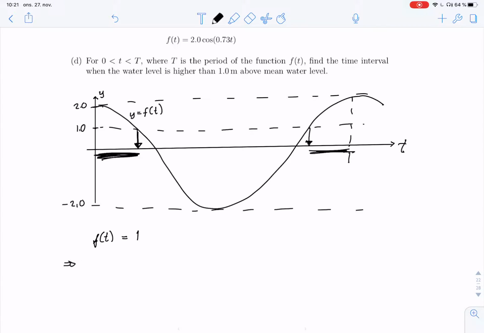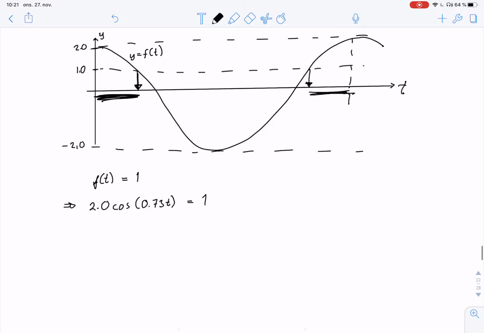So we need to solve 2.0 cosine 0.73t equals 1. So when is cosine 0.73t equals 1 divided by 2? 0.5.